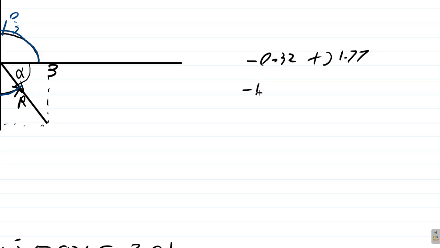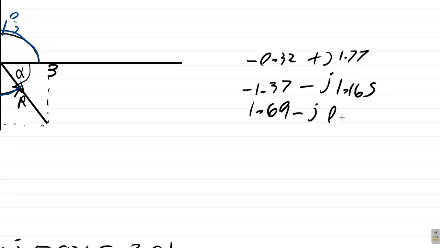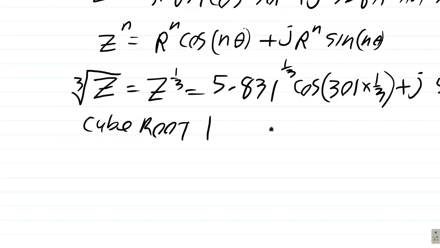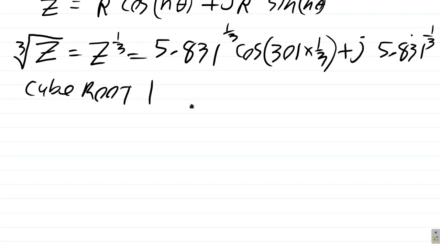Another one was negative 1.37 minus j 1.165. And the other one was 1.69 minus j 0.606. Alright? See if you get them, you finish it off for me, if I didn't make any mistake. So go ahead.